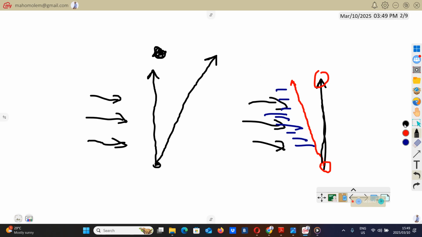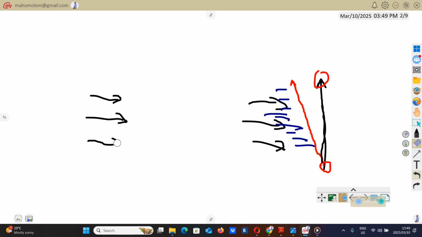So like if you want to take this direction, just remember always you have to move a bit against the direction of the wind.